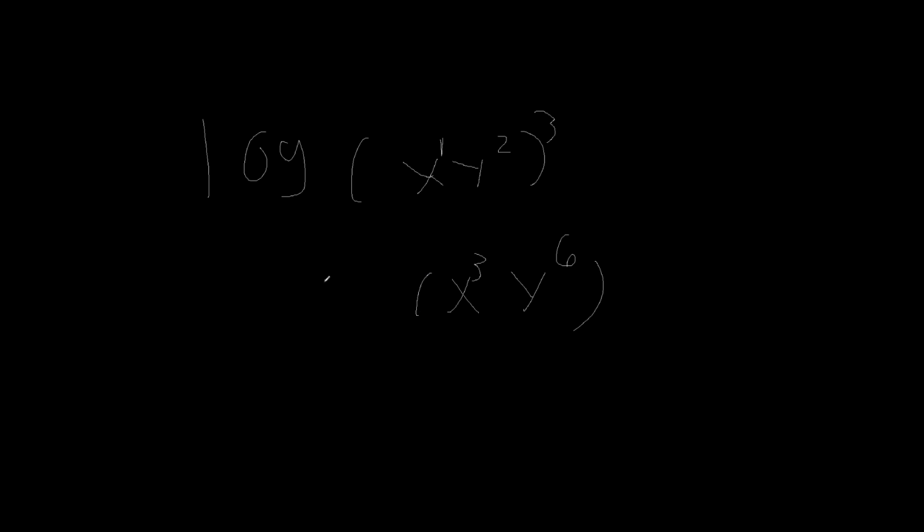Now, we're going to close these in parentheses, just for parentheses' sake. And I want you guys to keep in mind that x is being multiplied by y. So, it's going to be an addition logarithm. So, our final answer is going to look like this. Log x to the 3 plus log y to the 6.